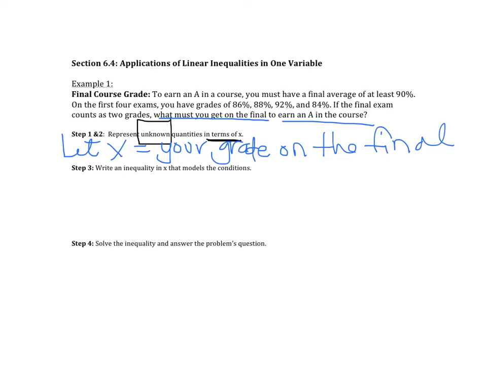Step 3 is to write an inequality that models the conditions. So we want an inequality in X. What do we have? There's a given and the goal. We already wrote the goal, that's X. The given is the 4 grades you received when you took the exams.